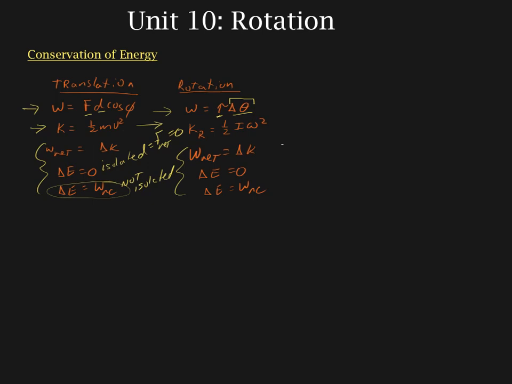The first thing that I want to discuss here is that when we're talking about conservation, E was defined as the mechanical energy. Remember, E is mechanical energy. When we did translation, we defined that as K for translational motion plus U_G, gravitational potential energy. And when we included springs, we had U_E for elastic potential energy.